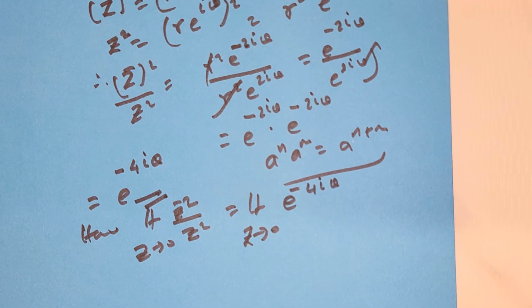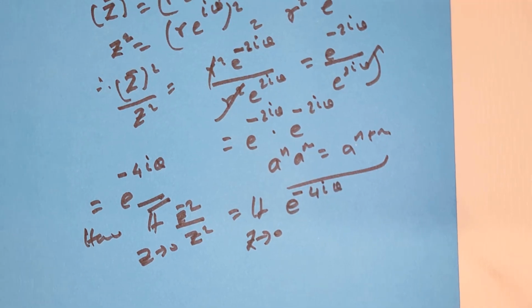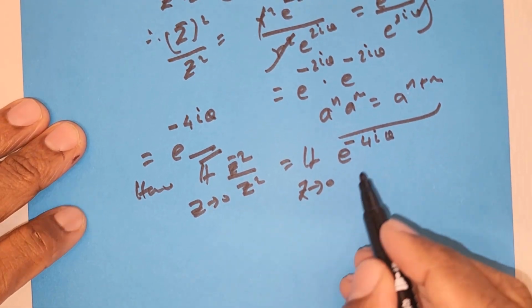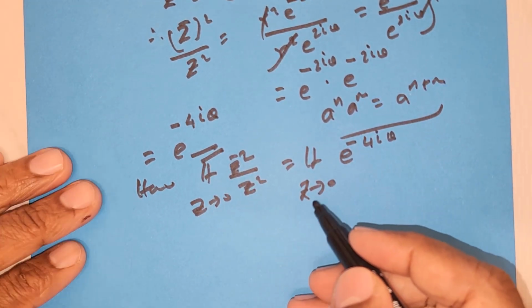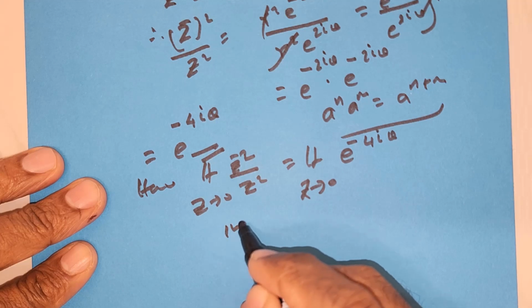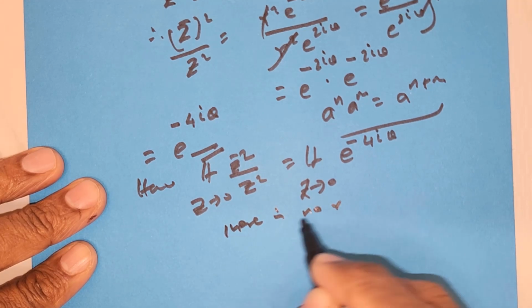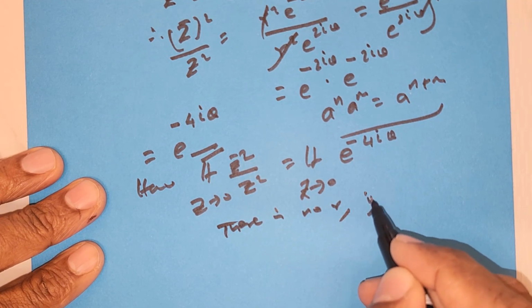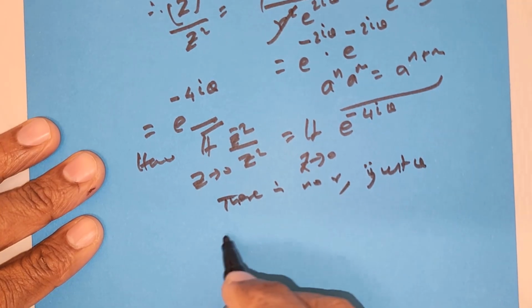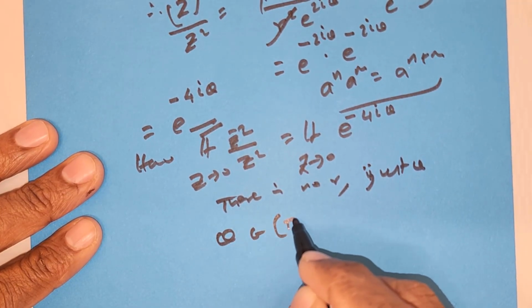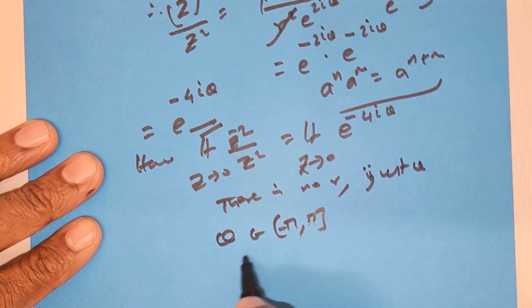Now what is the most important thing that you observe here? The quantity is independent of r. There is no r there, just a theta. This means theta can take any value between negative pi and pi, right?